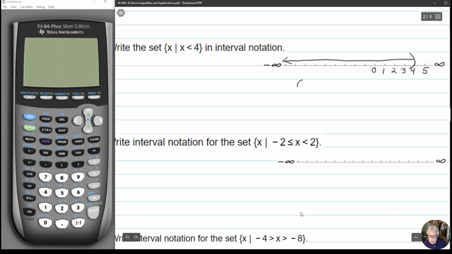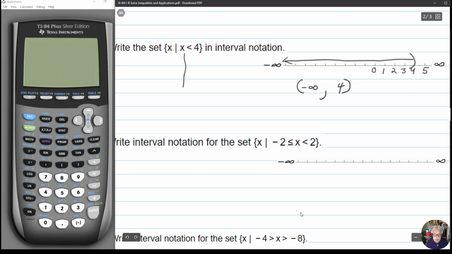Interval notation shows the left end point, negative infinity, the right end point, which is 4, but the parenthesis means x cannot equal 4, and then a comma in the middle.